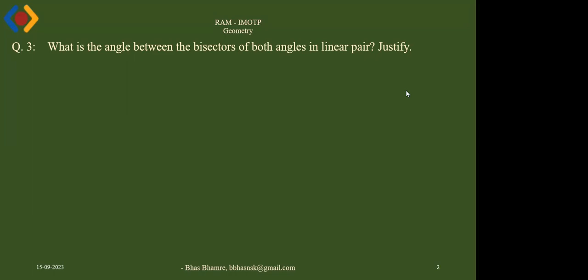This is a straightforward question: what is the angle between the bisectors of both angles in a linear pair? For that, we must understand what we mean by angles in a linear pair.